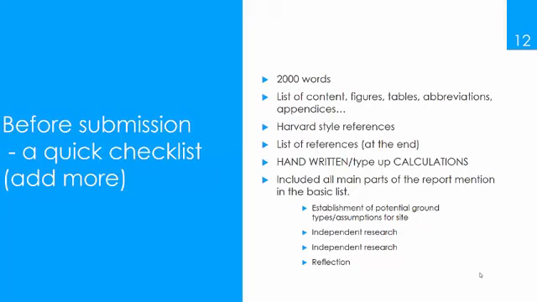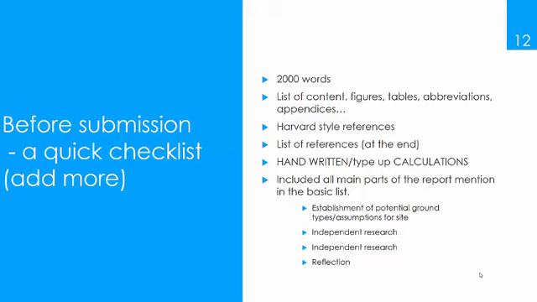Your report should contain a list of contents, figures, tables, abbreviations if used, and appendices if provided. The references should be provided in Harvard style, and a list of references should be included at the end. Everything must be cross-referenced.